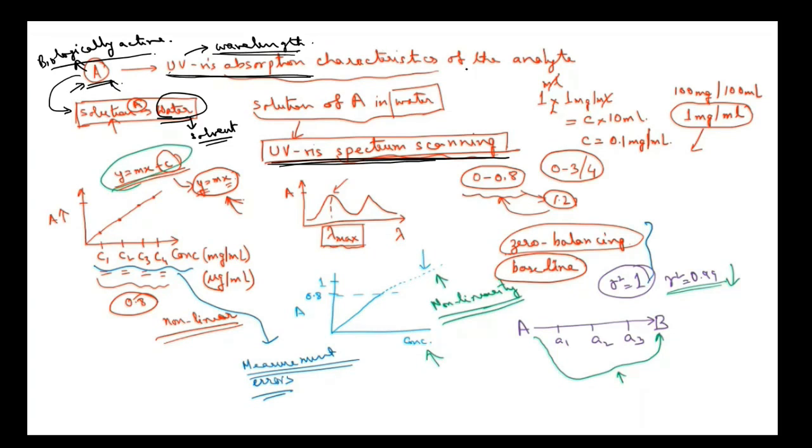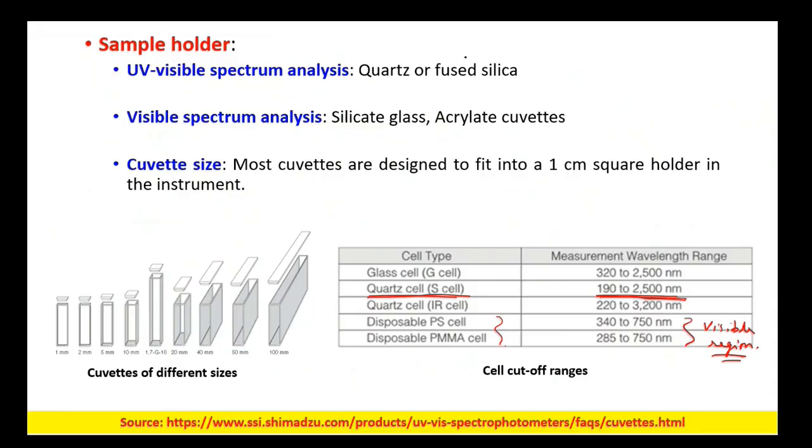As we were discussing yesterday, suppose the full wavelength scanning will be done and we are using a quartz cell. That means we have to scan in the region of 190 to 800 nanometer, because above 800 nanometer we enter into the IR region, first near IR.